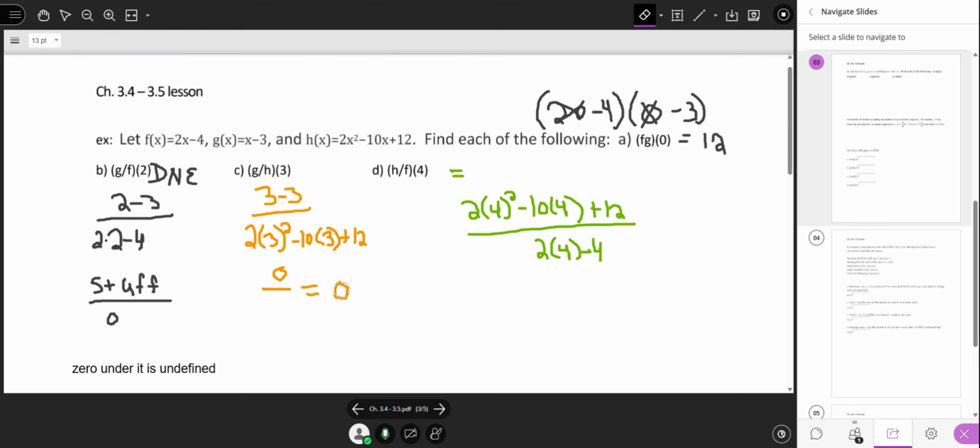So let's go and fix this before we move on. This should have been 0, and this does not exist. And when you get 0 over 0, this is undetermined.